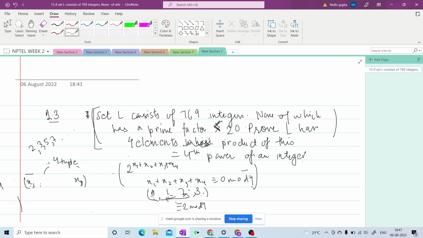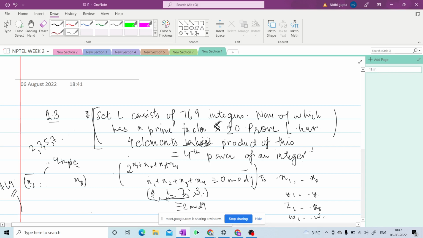So you have 769 tuples like this, and your problem is to show that you can always find 4 tuples, say x1 till x8, y1 till y8, z1 till z8, and w1 till w8, such that if you add these 4, you get x1 plus y1 plus z1 plus w1, up to 8 coordinates.